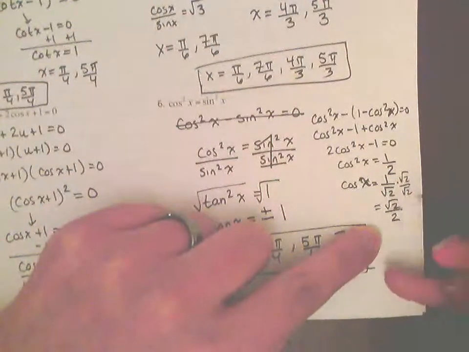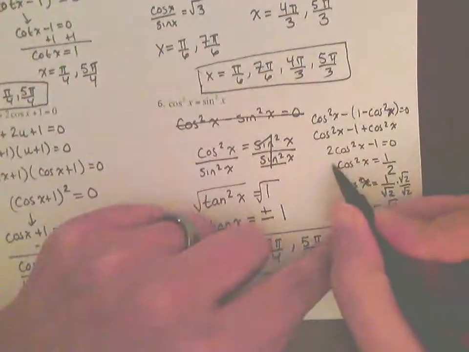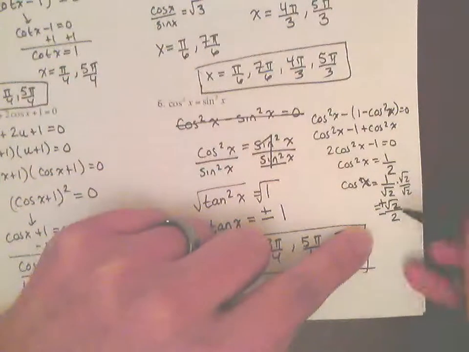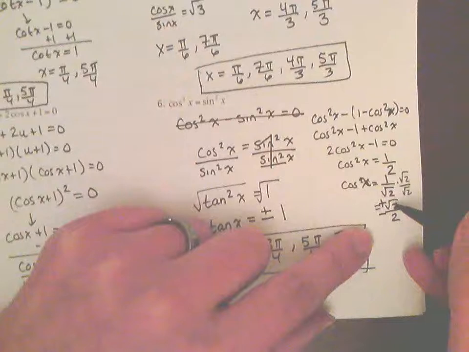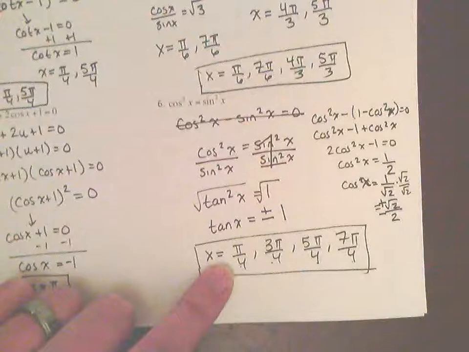And of course, I forgot this, but because I took the square root, this is going to be plus or minus square root of 2 over 2. And where is cosine of x positive square root of 2 over 2 and negative square root of 2 over 2? At all of these places.